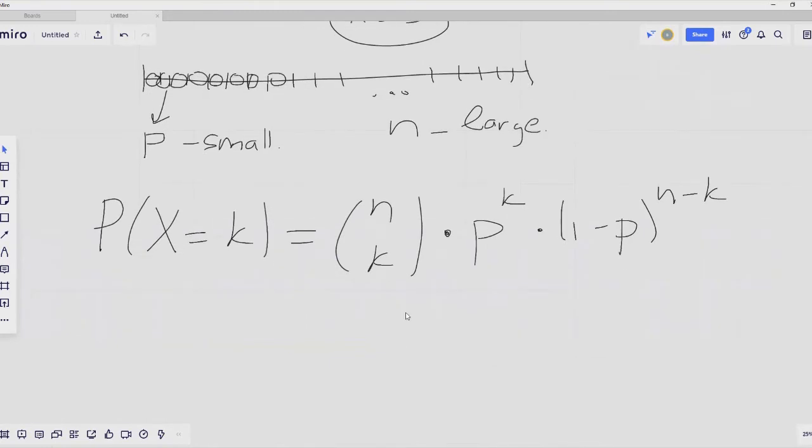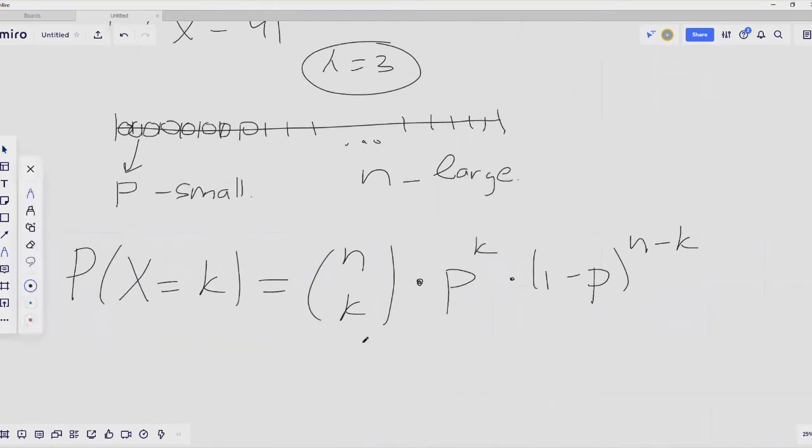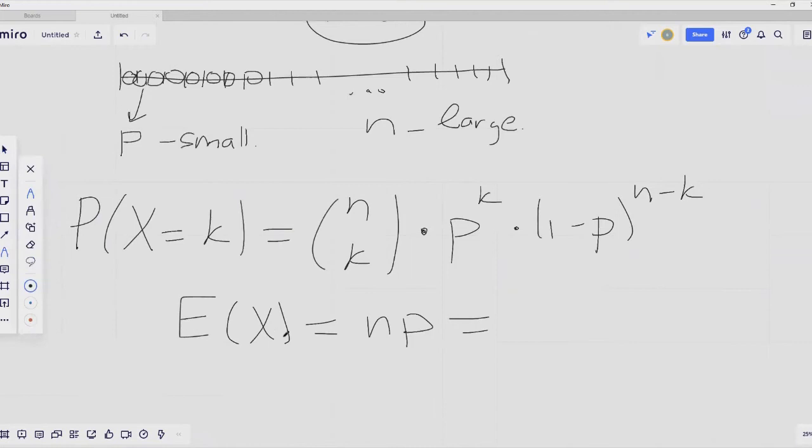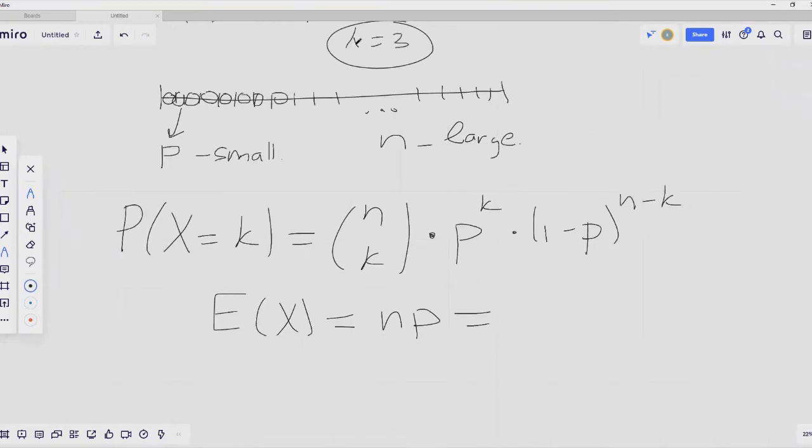Now, since x is a binomial random variable, we know that the expected value of x is equal to np. The expected value of x is a number that shows the average number of accidents you should expect in that year, which is given by our parameter lambda.